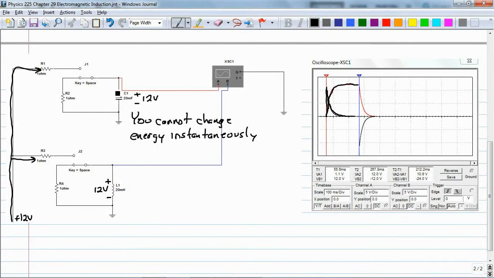And so the capacitor stores energy in the electric field. And because it stores energy in the electric field, you can't cause this potential to go down instantly.